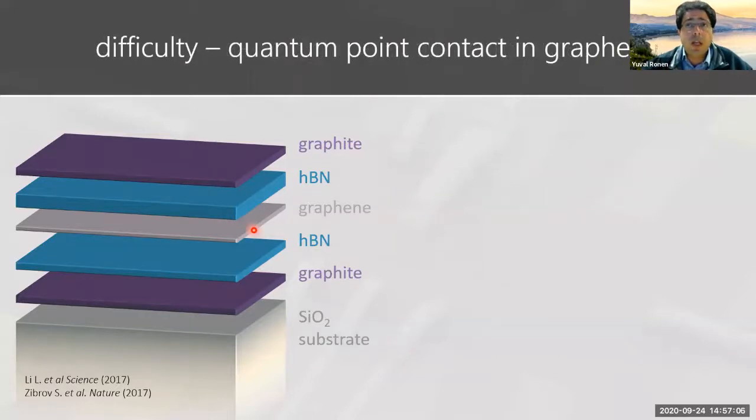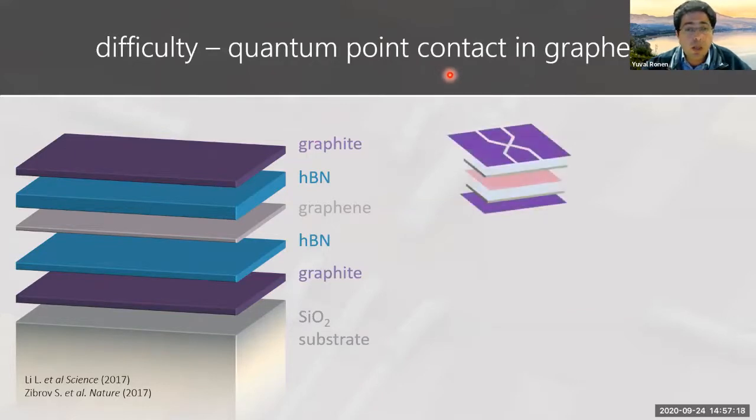Okay, so it's all nice, but what is the difficulty? Why didn't people do it by now? And actually the main difficulty is just creating a quantum point contact, or creating this beam splitter. So the way usually you create a quantum point contact in a semiconductor, for example, you have these 4 gates. And you put different voltages on each of these gates, and by this you control the number of electrons under each gate.